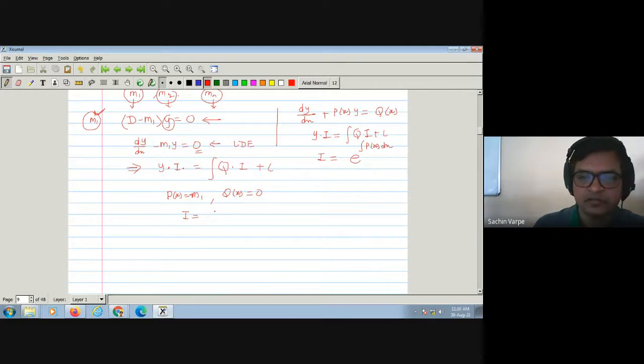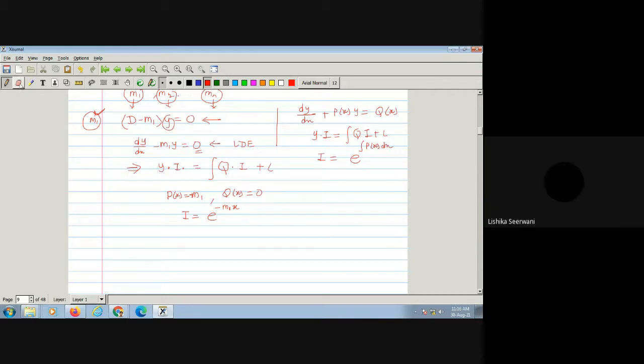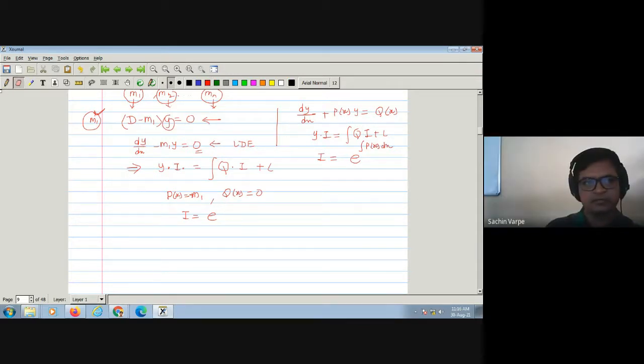I is e to the power integration of p of x dx. Substitute the value of p, that is integration of minus m1 dx. So it will be e to the power minus m1 into x. So that is the integrating factor.